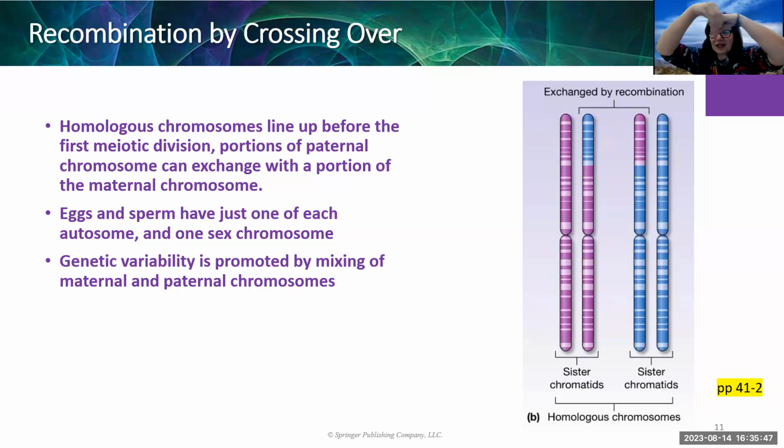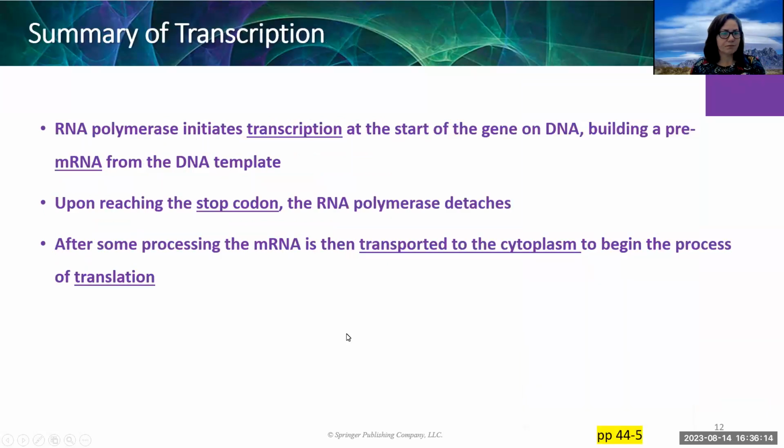It's a weird little thing that happens, but they reconnect and swap ends, and you end up with what's known as recombination. Why that matters is that when a mom and a dad have a kid, the kid can look like all four of the grandparents. It's because of this recombination. It leads to more genetic variability.